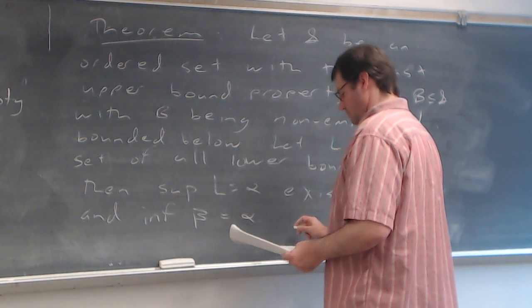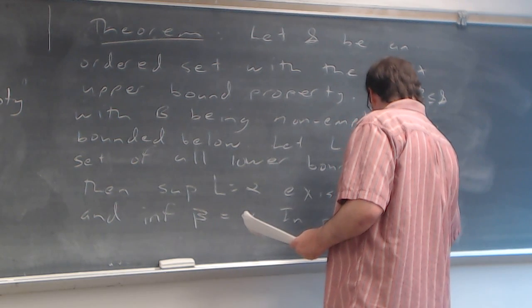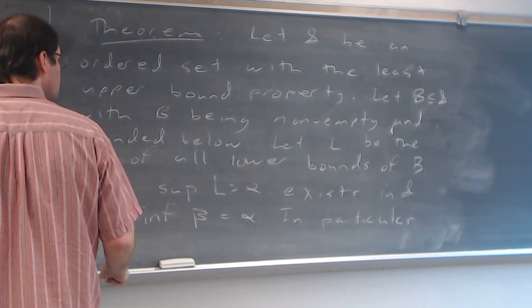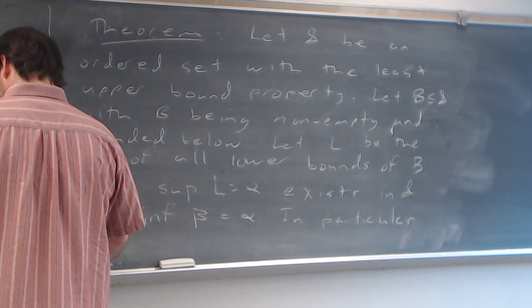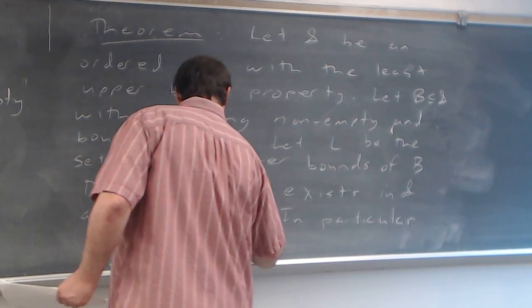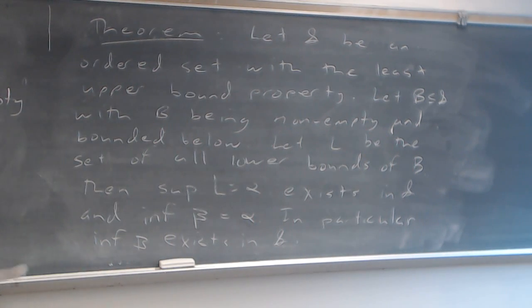In particular, the inf of B exists in script S. This is essentially saying that if you give me an ordered set script S that satisfies the least upper bound property, then it will also satisfy the greatest lower bound property.